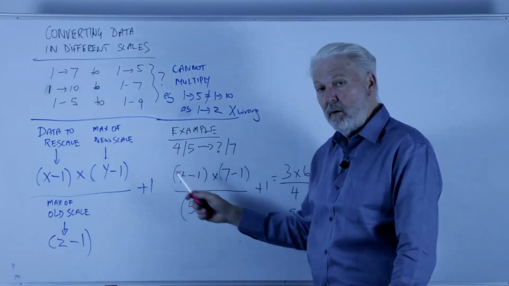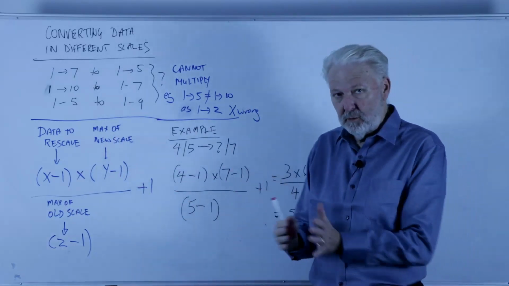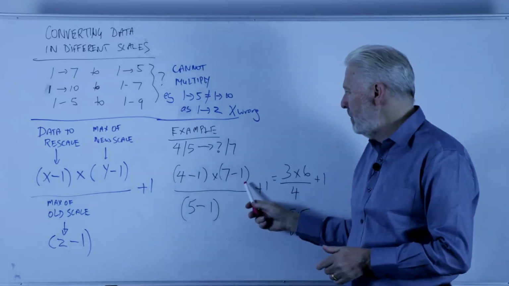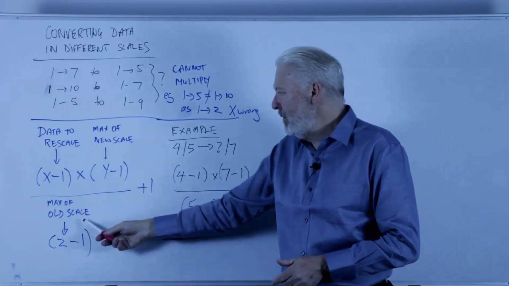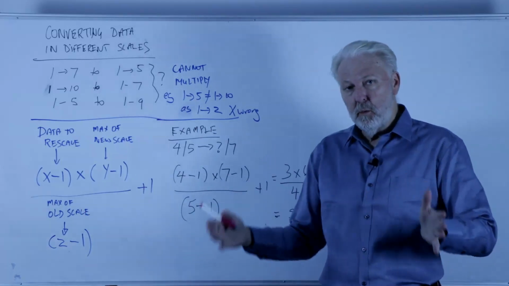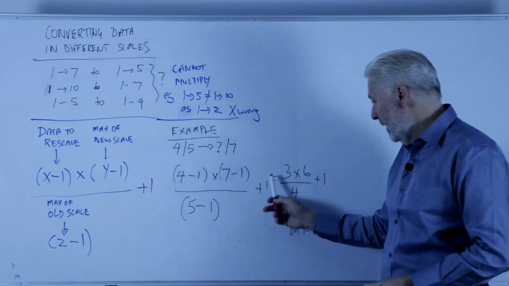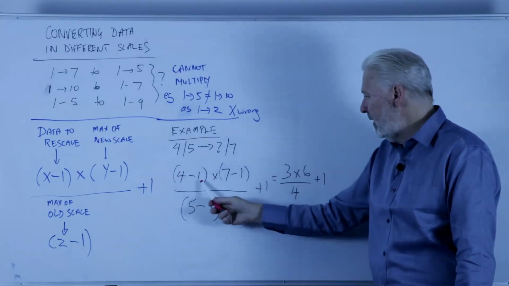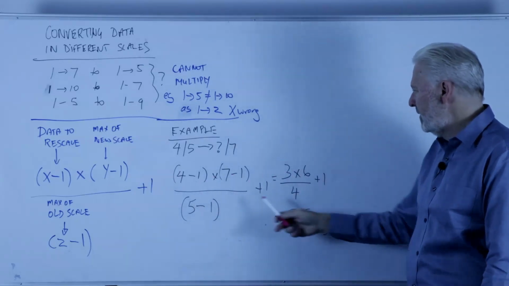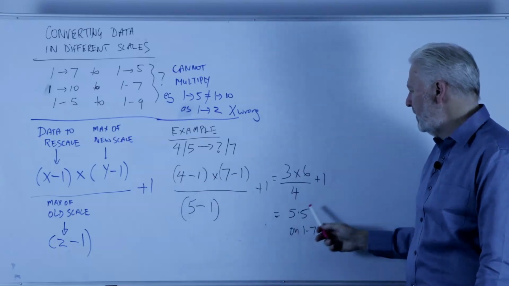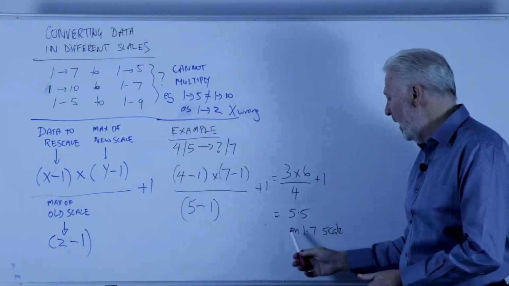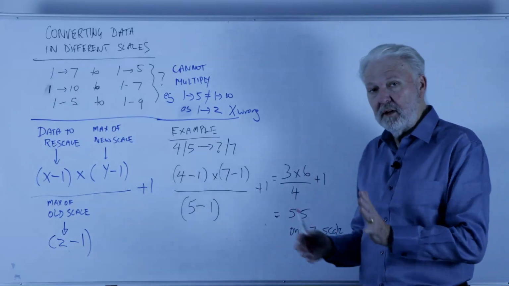The maximum of the new scale is 7, so it's 1 to 7, so that becomes 7 minus 1. And the maximum of the old scale, it used to be a 1 to 5 scale, so it's 5, minus 1. And then plus 1, so continue across. 3 times 6 divided by 4 plus 1 gives us 5.5 on a 1 to 7 scale.